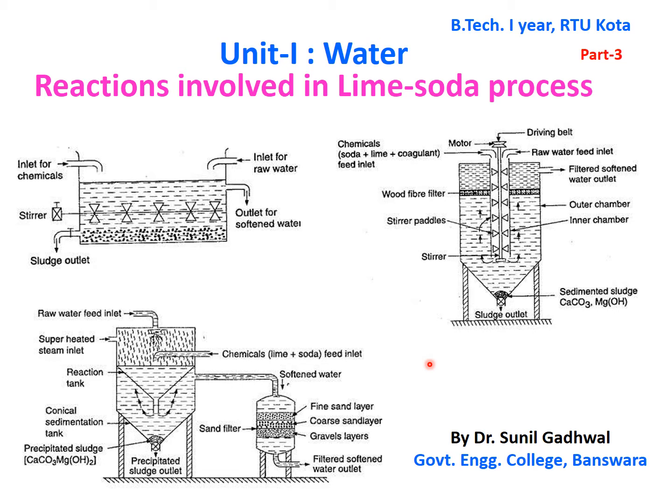As in previous lectures, we have discussed the soda lime process, and today in this online video lecture class, we are going to discuss what reactions take part during the softening of water by the lime soda process.